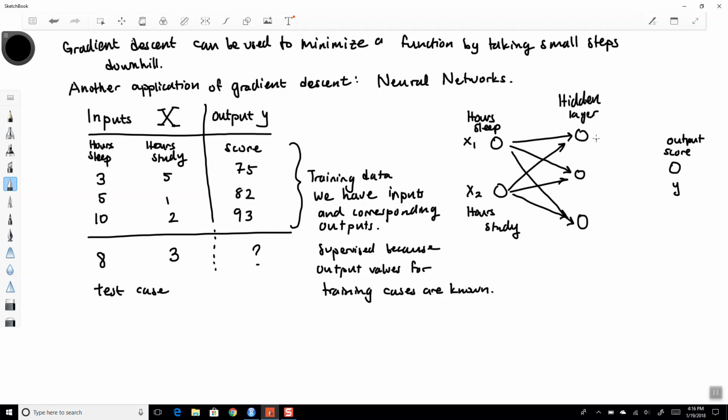Then these 3 nodes all output and get fed into this last node. This is supposed to simulate the way a brain works, where neurons have synapses coming in, something happens inside the neuron cell, and then it sends a synapse out. We're going to start with what we might call a forward feed neural network.